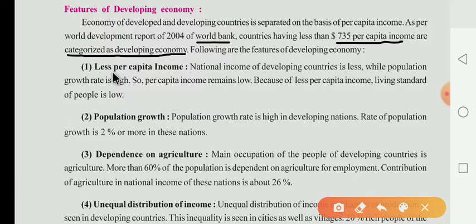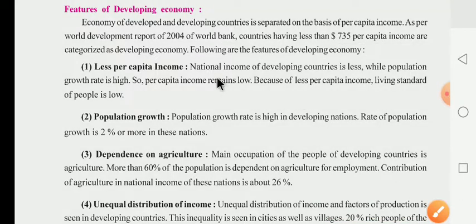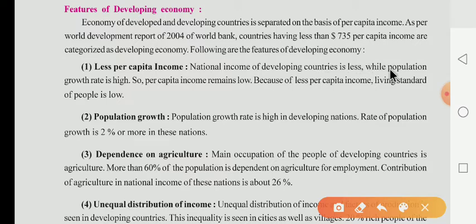This is the most important question for the board examination. Our first topic is less per capita income. National income of a developing country is less while the population growth rate is higher.